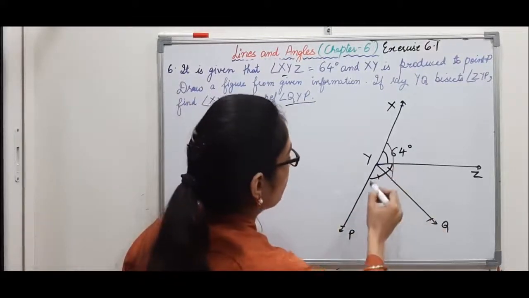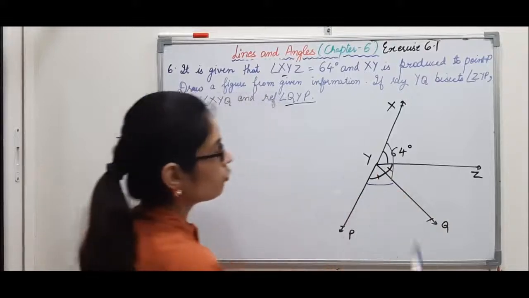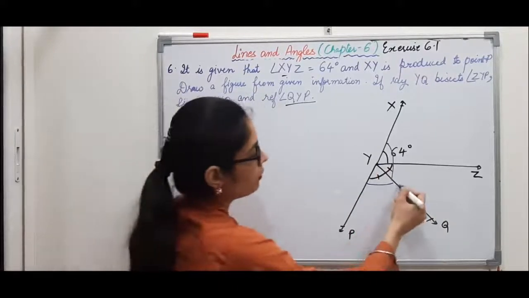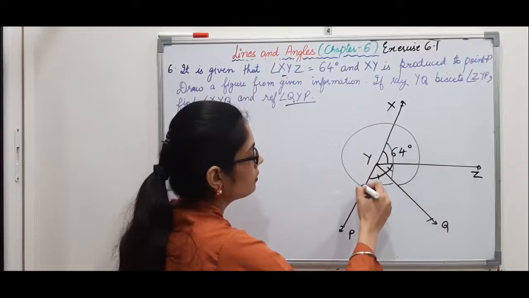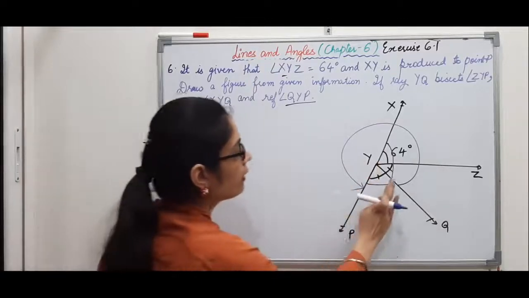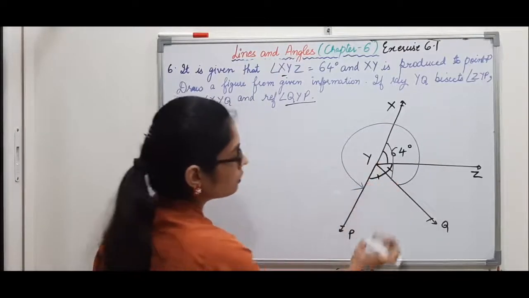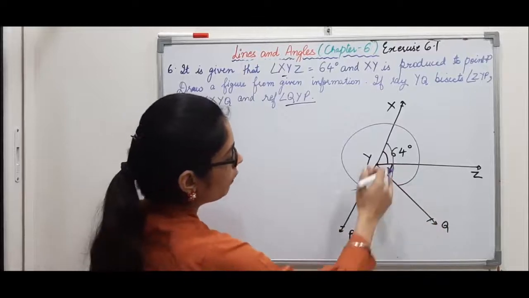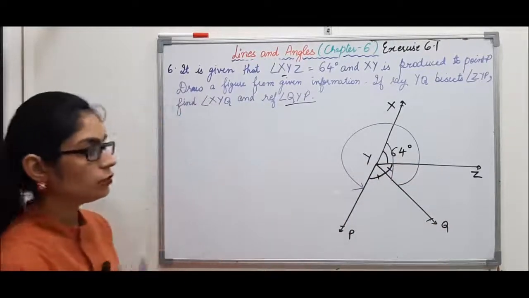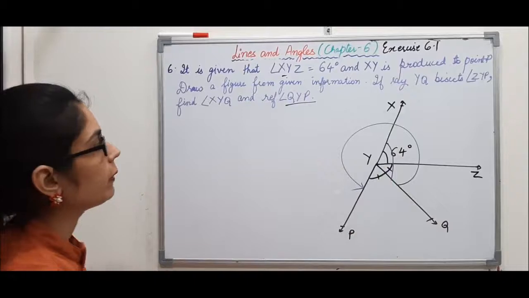This is QYP, but we have to find its reflex. Reflex means from here we have to start, and then this complete angle we have to find, except this, because this is QYP and its reflex we have to find. So these two angles we have to find.